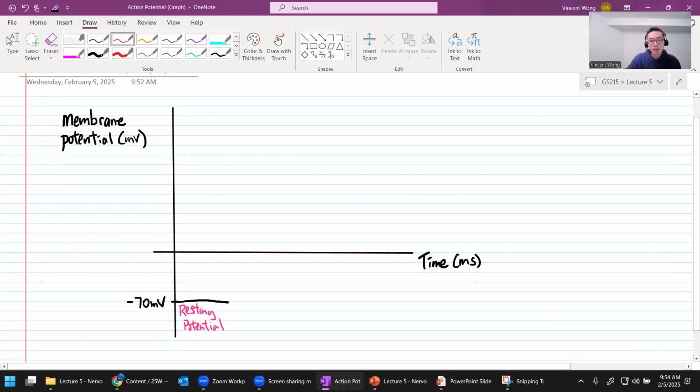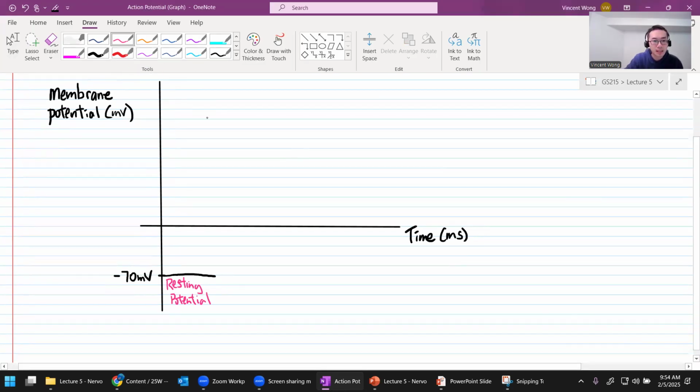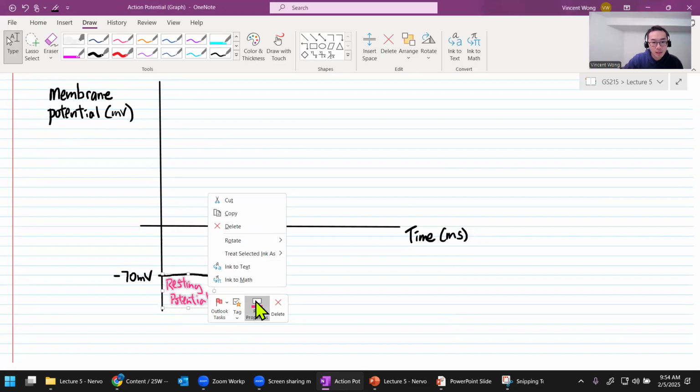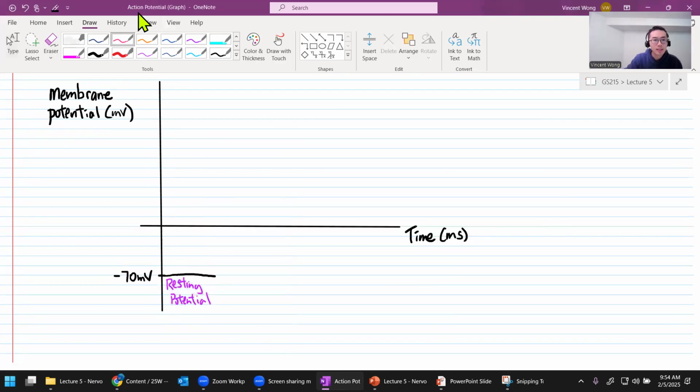The resting potential is created by the sodium-potassium pump, and at this point, we have low sodium on the inside.